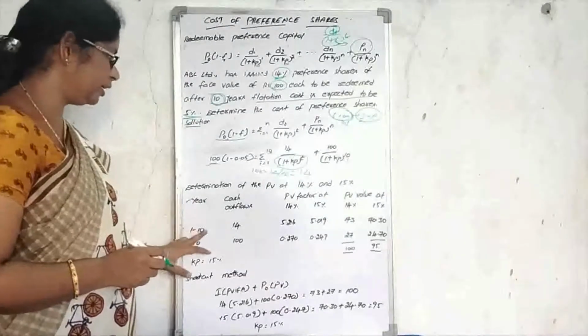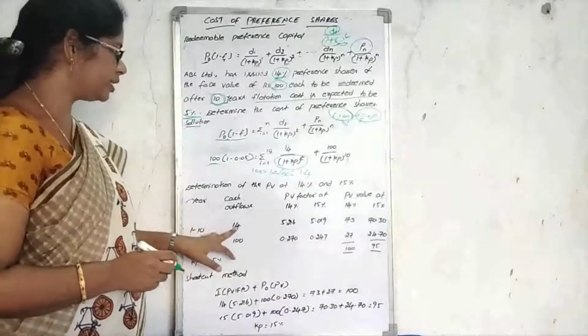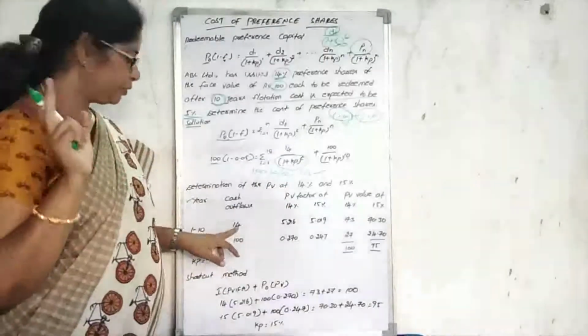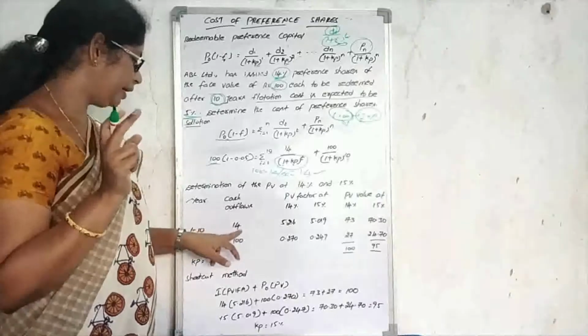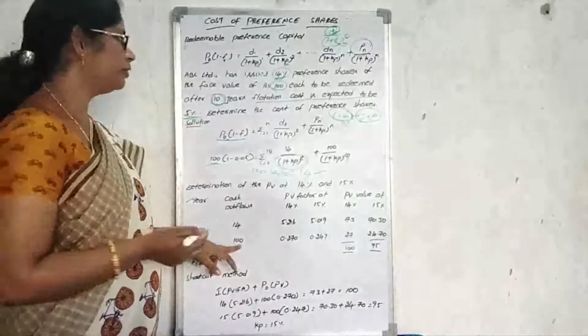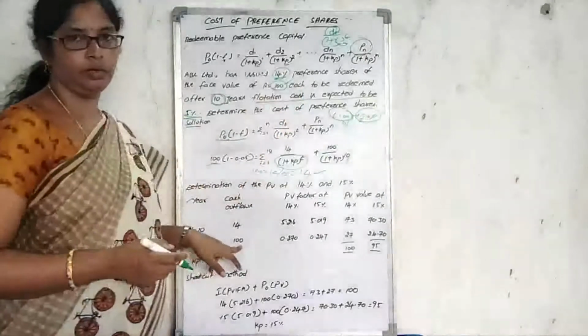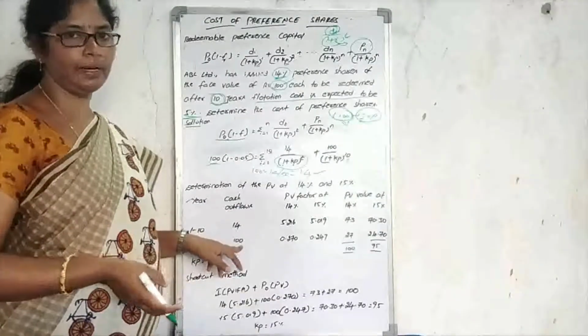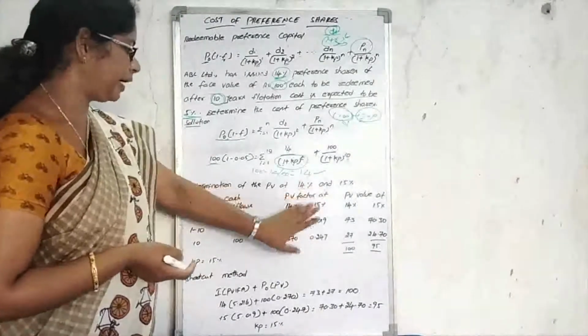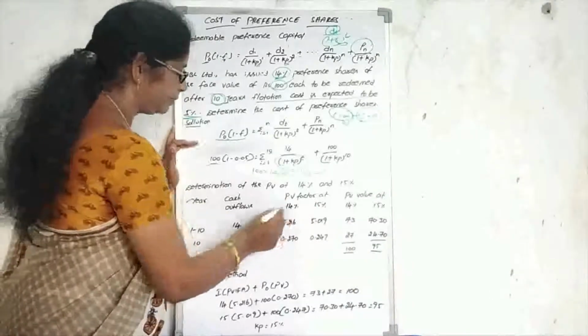From 1 to 10th year, how much dividend are we going to receive? 14 rupees up to the 10th year. And at the end of the 10th year, which amount are we going to receive? The same redemption value, or face value, or principal value, whatever it may be: 100 rupees.